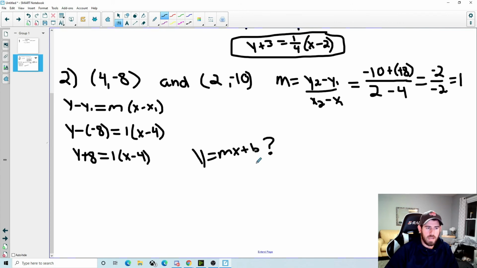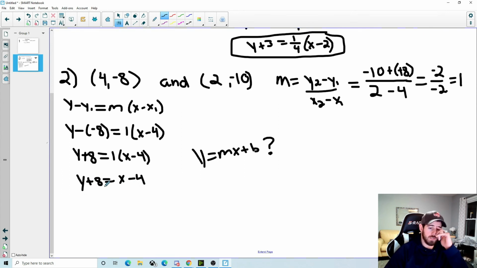However, if you want to put this into slope intercept, so our y equals mx plus b, then you just have to move things around. The first thing, you distribute the slope. In this case, it's easy because that 1 doesn't change anything. So I can just rewrite y plus 8 equals, 1 times x gives me x, 1 times negative 4 gives me negative 4. And then I'll bring this 8 over, so I have y equals.